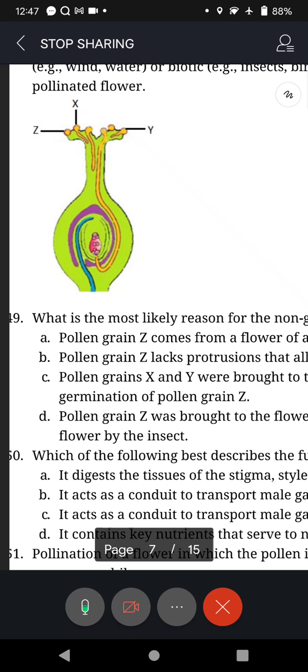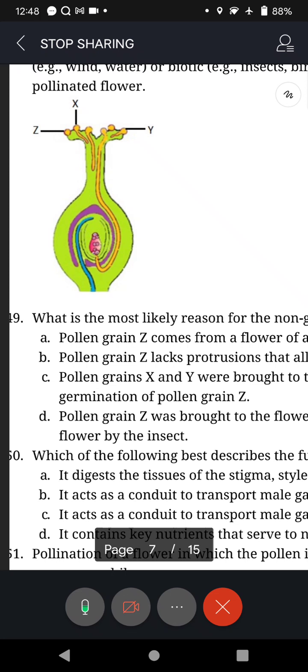Remember, we have studied pistil pollen incompatibility. So based on that, Prasad says question number 49, answer should be A. Pollen grain Z comes from a flower of an incompatible species, because there is no germination at all. At least there is no indication of pollen tube germination.